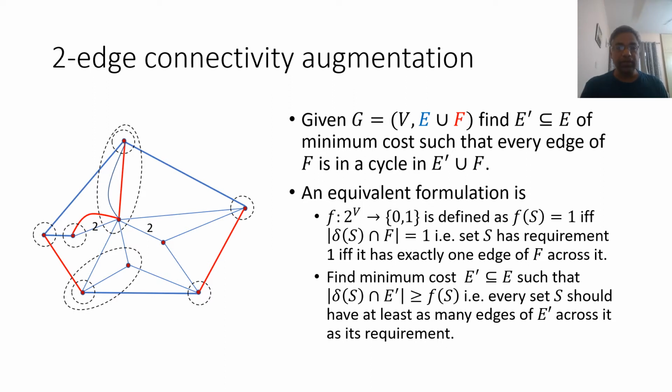If I look at the red and the dark blue edges together, this red edge is in this cycle, and this red edge is in this one, and so on. So this red edge is part of this cycle.